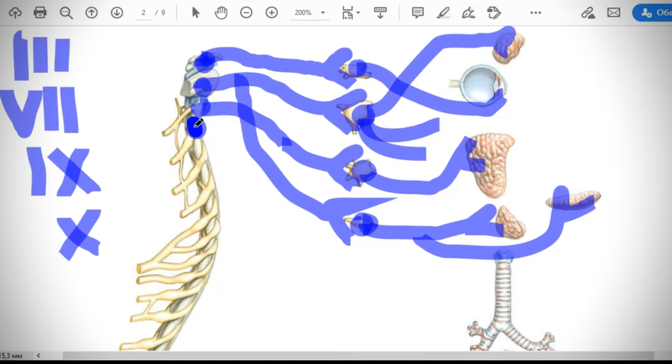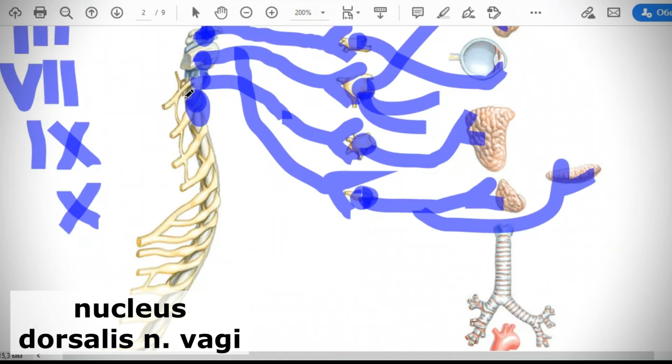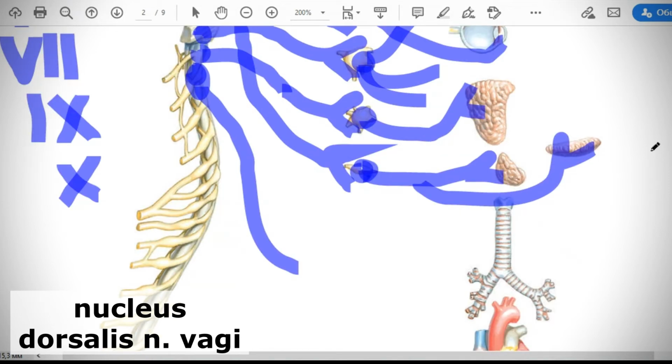And the last one, the biggest one, is nucleus dorsalis nervi vagi. The dorsal nucleus of the vagus is the biggest parasympathetic nucleus of your cranial portion. It goes within nervus vagus and goes almost in all branches. You remember, the vagus nerve has 4 groups of branches: cranial, cervical, thoracic, and abdominal.